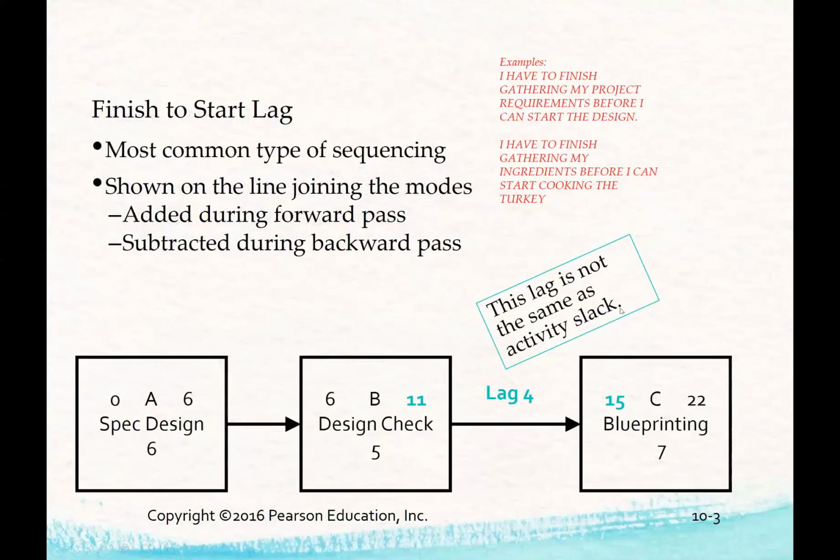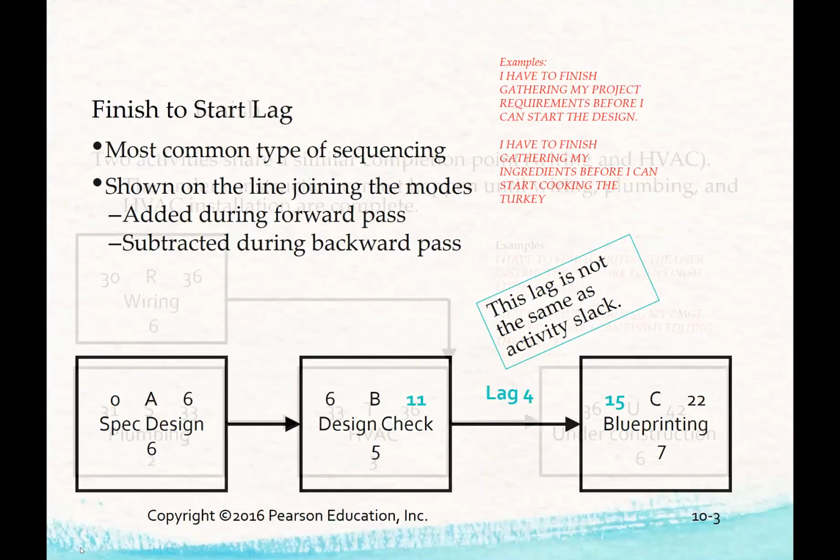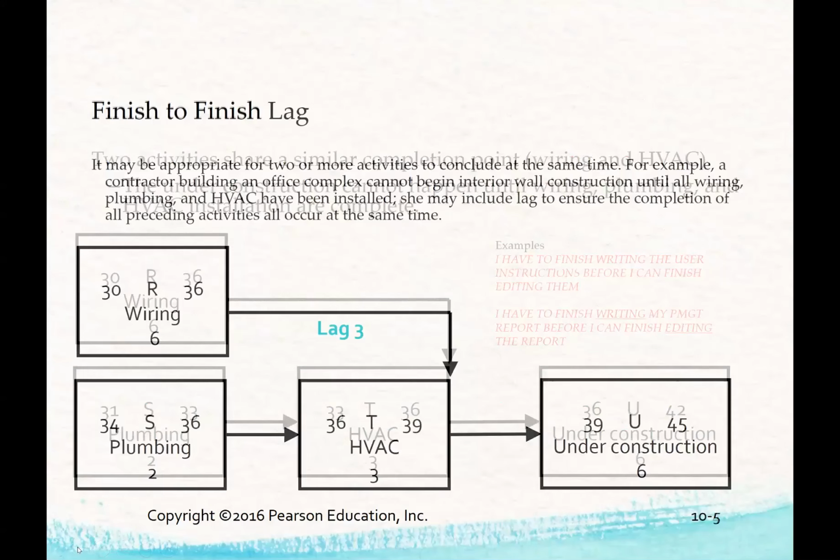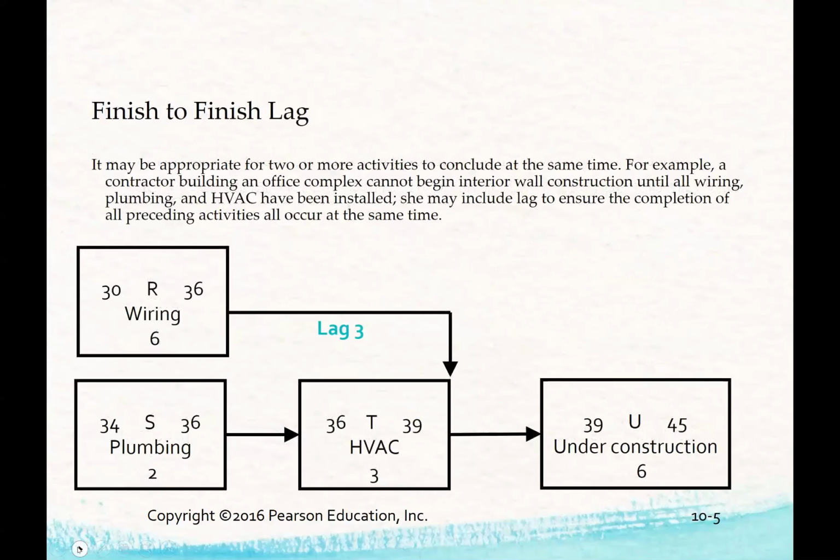So again, lag is not the same as an activity slack, but we add it on to the early start and we bring it forward, and we also do it backwards. Finish to finish, again, you can see that there's a lag that's been added in here, and I suggest you just read over the examples.